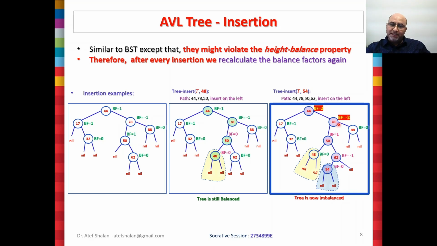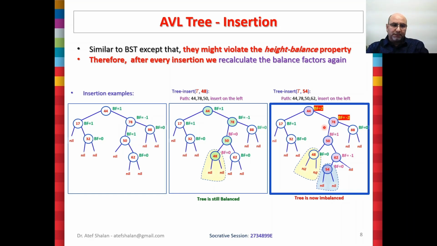Node 78 now has a balance of -2, because this is 1 minus 3 in this branch. Node 44 now has a balance of 4 minus 2 on this side. That makes the balance of 44 equal to 2. Of course, these two nodes now violate the height balance property. Therefore, this is not an AVL tree anymore.